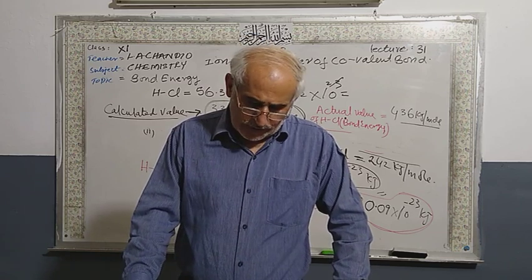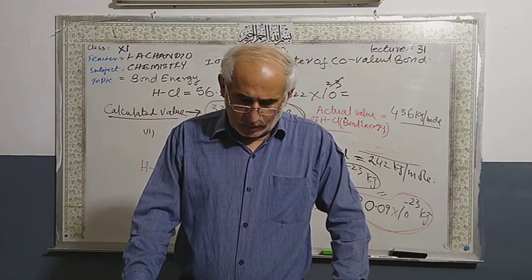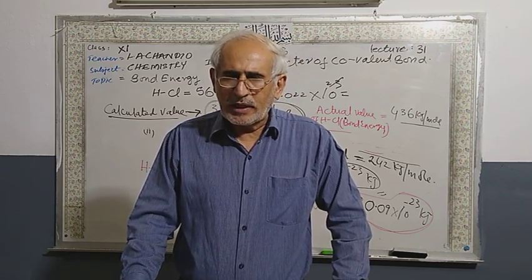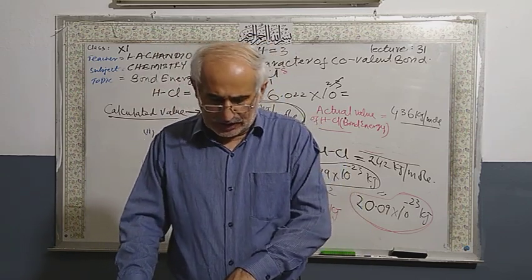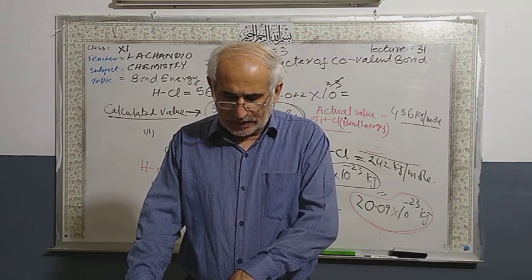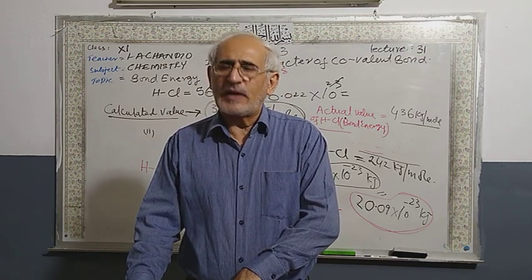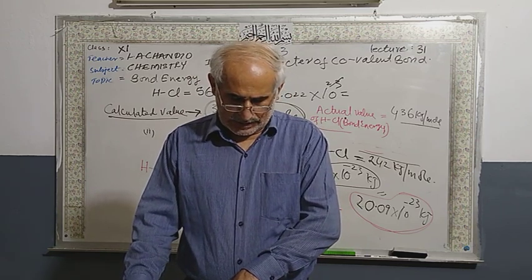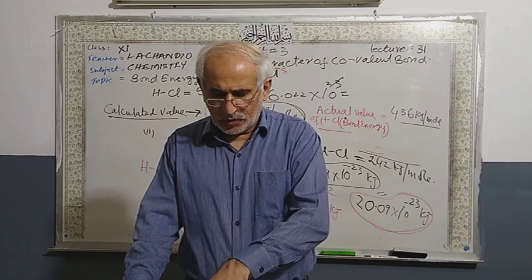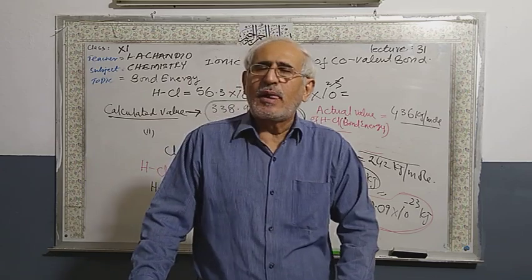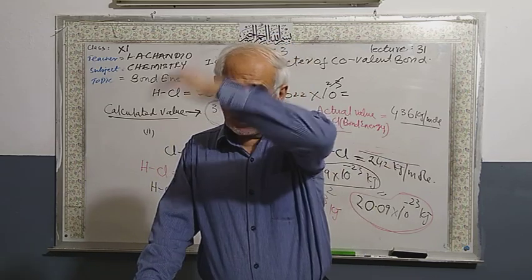Between fluorine and fluorine 155, between chlorine and chlorine 242, between bromine and bromine 193, between iodine and iodine 151. The bond energies between fluorine-fluorine, chlorine-chlorine, bromine-bromine, and iodine-iodine are in the first horizontal boxes.